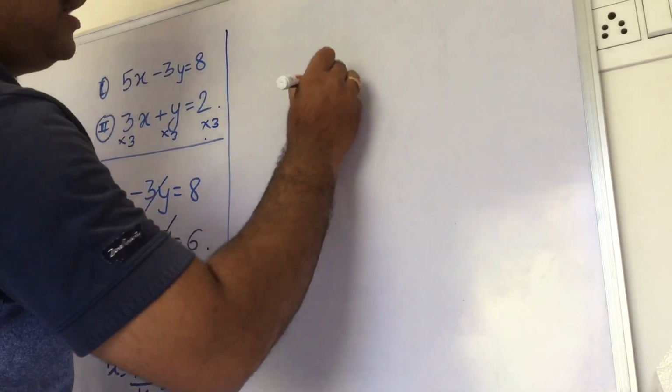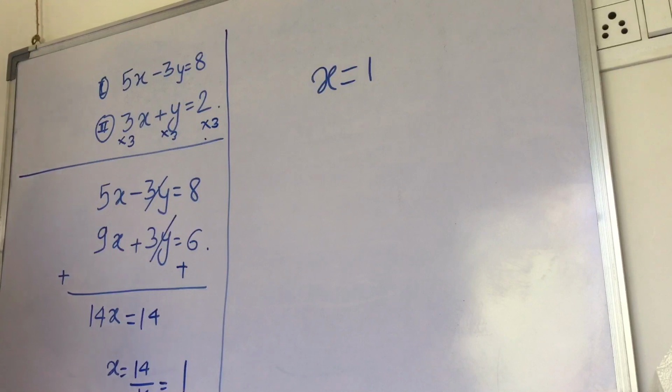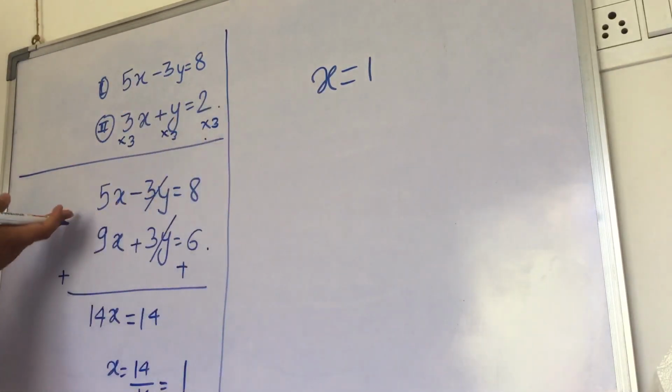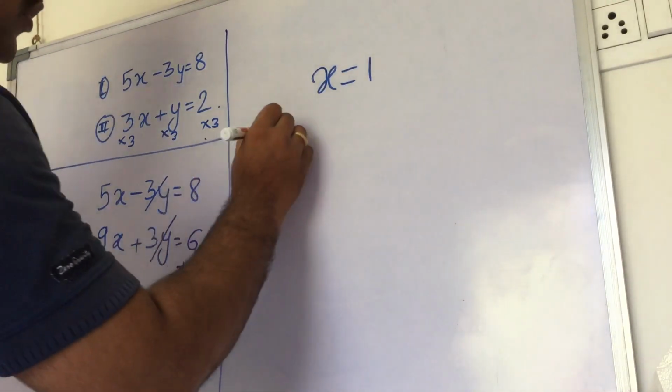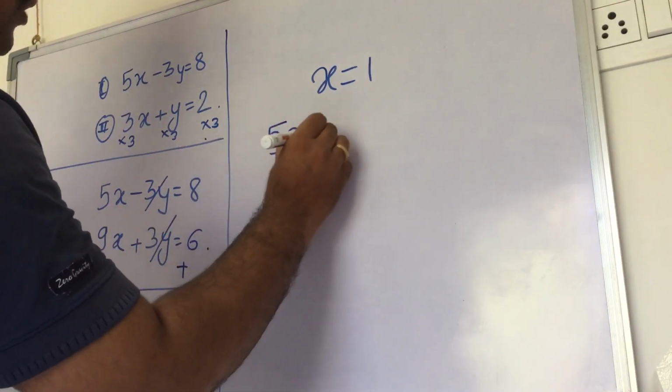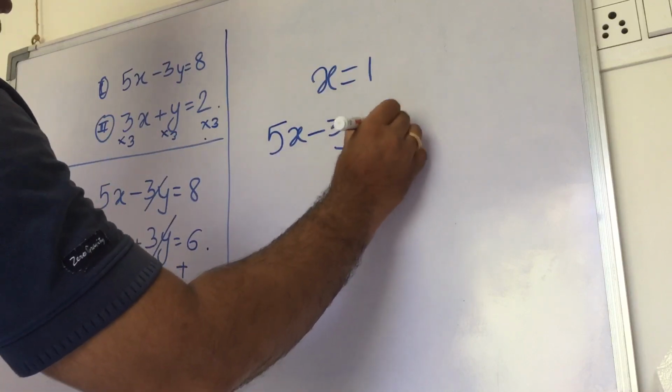If you have the value of x as 1, you can put the value of x in any of these two equations. So let's take the first equation, 5x minus 3y equals 8.